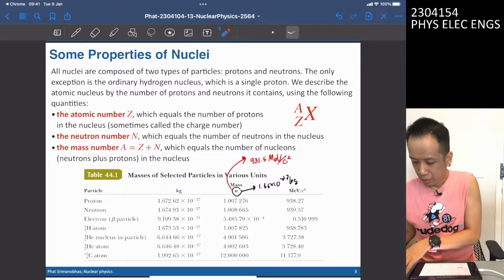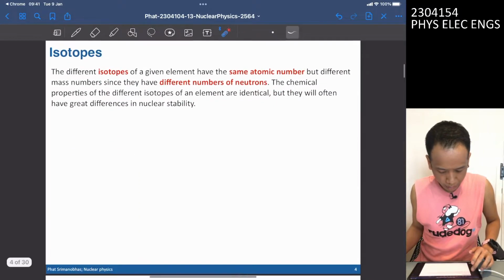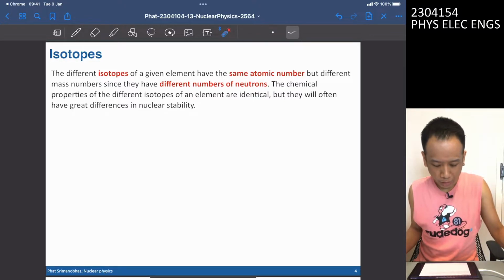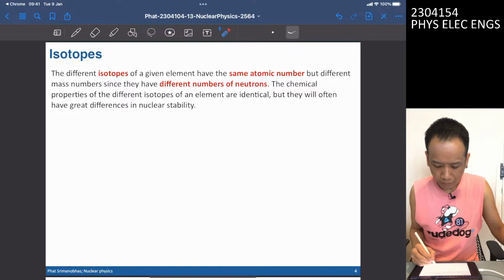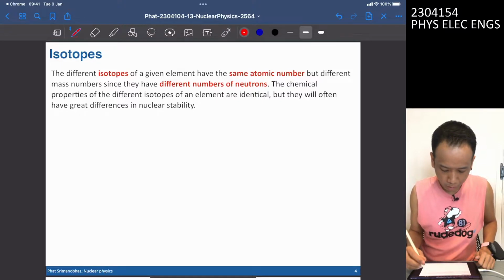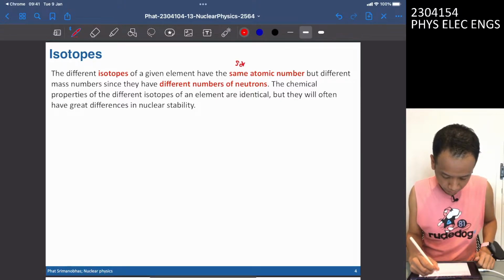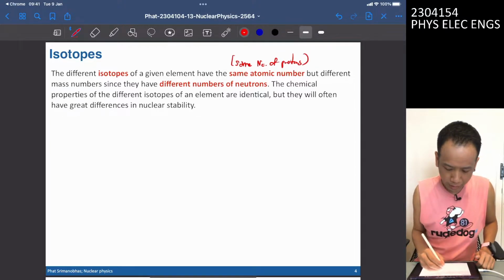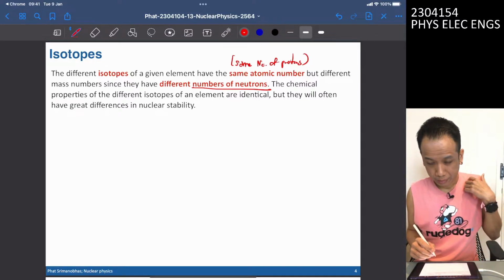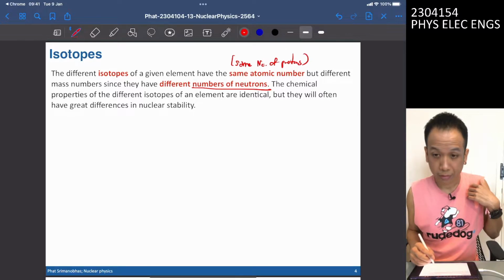Next is the word isotope. I think you know that. Isotopes are elements that have the same atomic number, so the same number of protons, but a different number of neutrons.